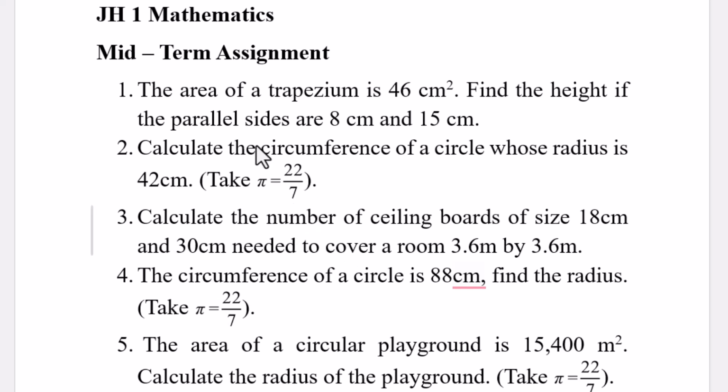I'm going to record this as part of our CA. There are just 5 short questions on what we did in plane shapes. You can see the area of a circular playground and the number of ceiling boards. Just reason the question, understand it, solve it, and submit it tomorrow so that I can mark it and record it as part of our CA.